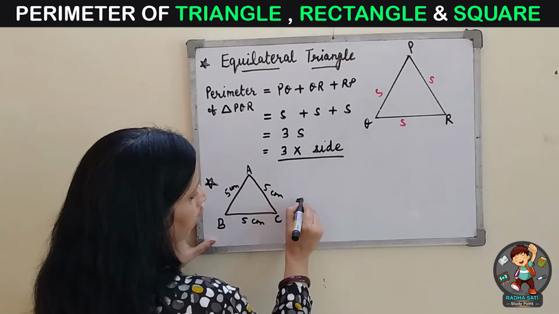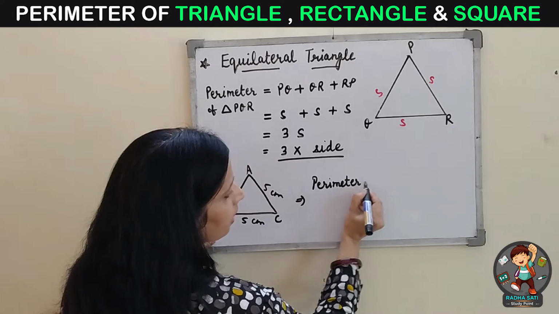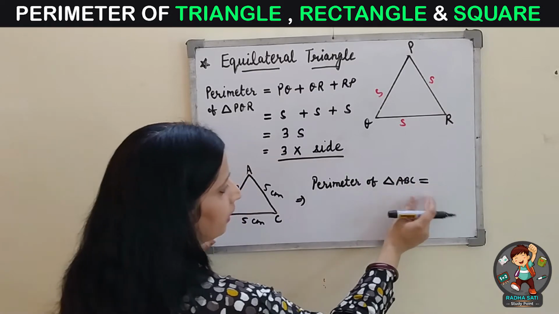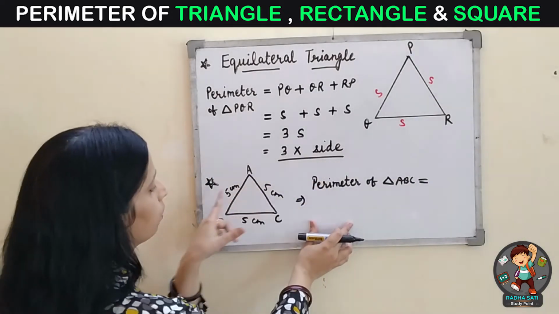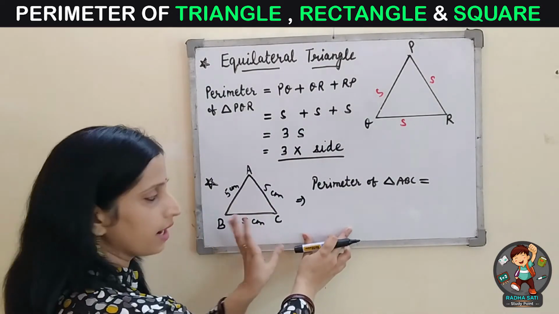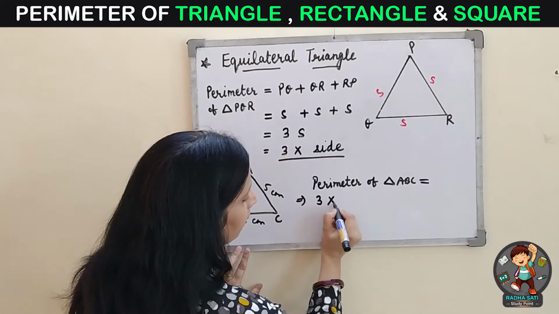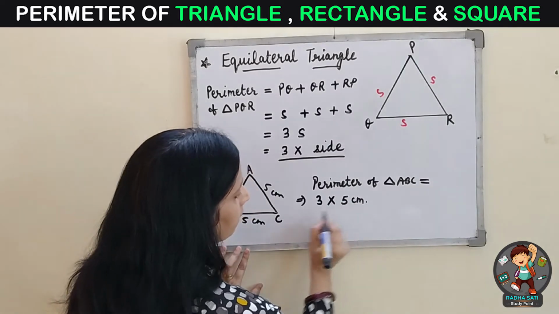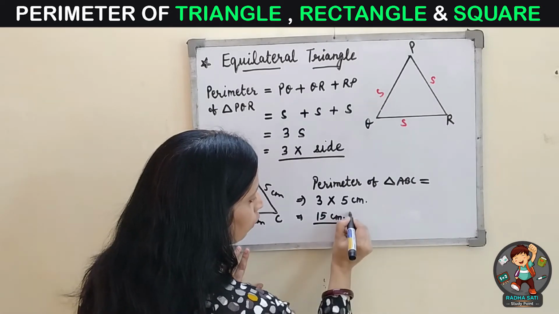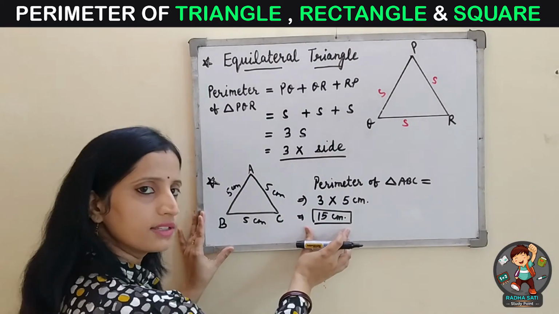To find the perimeter of triangle ABC, we directly use the formula 3 times side, and we know that the side is 5 centimeter because this is an equilateral triangle and all the sides are equal. So we write 3 multiplied by 5 centimeter, which is equal to 15 centimeter. So the perimeter of triangle ABC will be 15 centimeter.